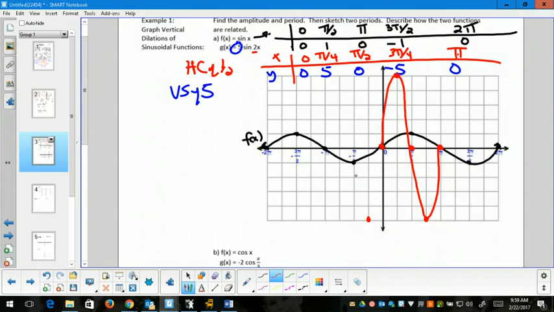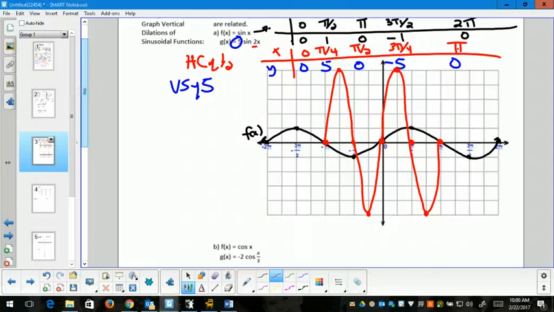And then it's going to come back up to 0. At negative 3 pi over 4, it's going to get to 5. And then back down to 0 at negative pi. If you're not comfortable with that, you can make a table for those values as well. When we start doing phase shifts, which is left and right, or translations up and down, then we will actually want to make sure we do it on the table so we don't make any mistakes. Any questions on how to get the horizontal or vertical stretches and compressions?